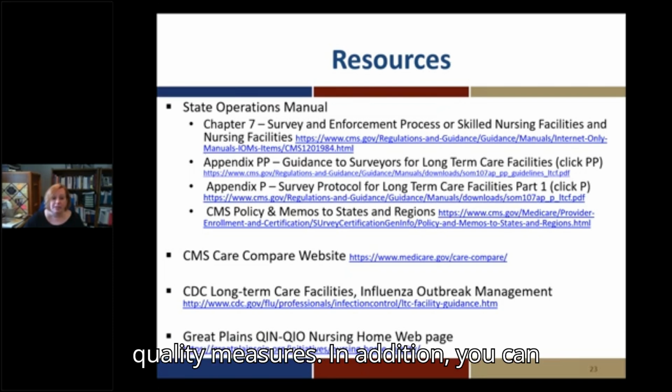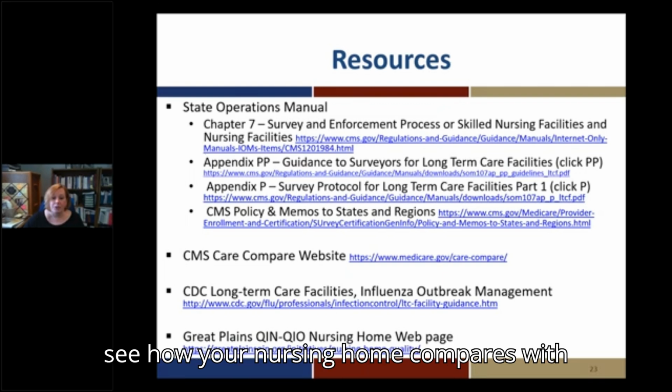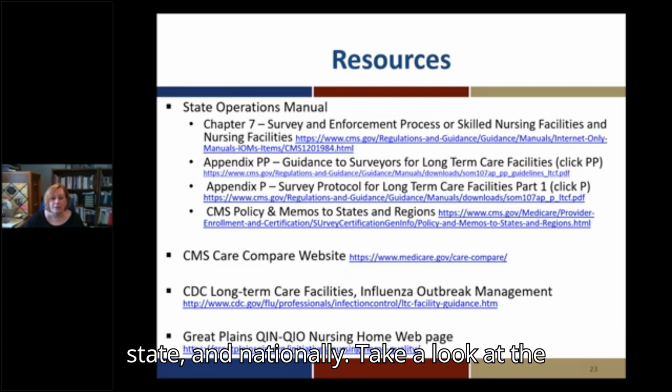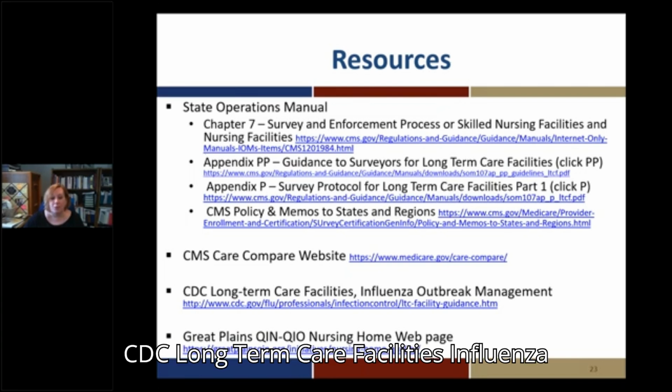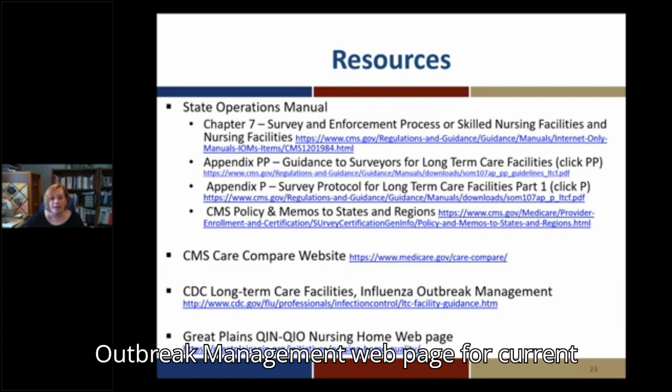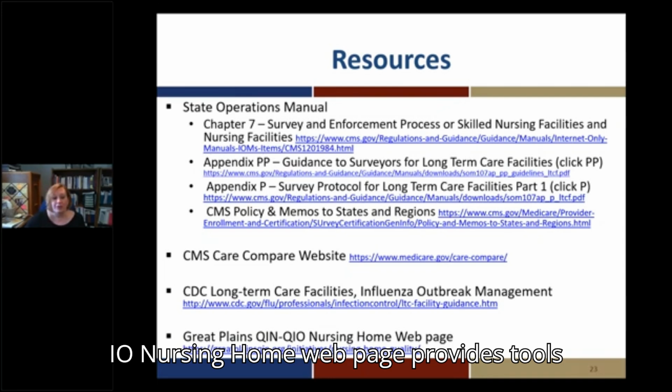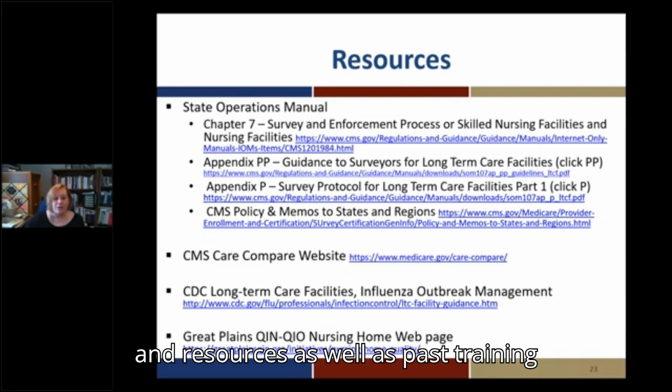In addition, you can see how your nursing home compares with nursing homes in your city, region, state, and nationally. Take a look at the CDC Long-Term Care Facilities Influenza Outbreak Management webpage for current guidelines. The Great Plains QIN QIO Nursing Home webpage provides tools and resources as well as past training events.